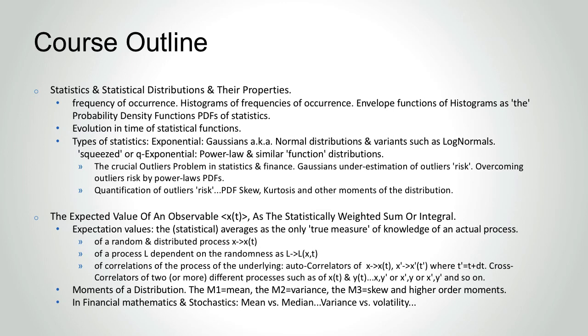So we'll also discuss the frequency of occurrences of, say, increments of these trajectories, histograms where you bin these increments, and how envelope functions of these histograms, where you fit a distribution or a function on top of a histogram, is actually the probability density function of statistics.